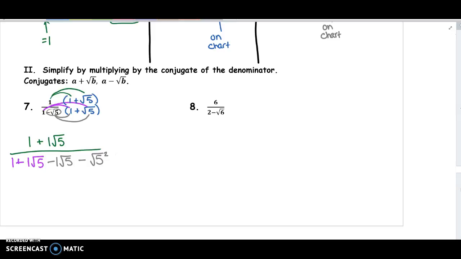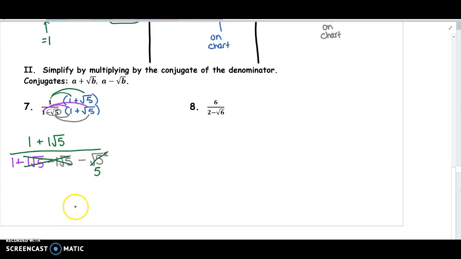Okay, now let's think about what is in this denominator. First, look at the square root of 5 squared. The square root and the square cancel each other out, so this is simply 5. 1 square root of 5 minus 1 square root of 5, those two terms are identical but opposite, so they cancel each other out.